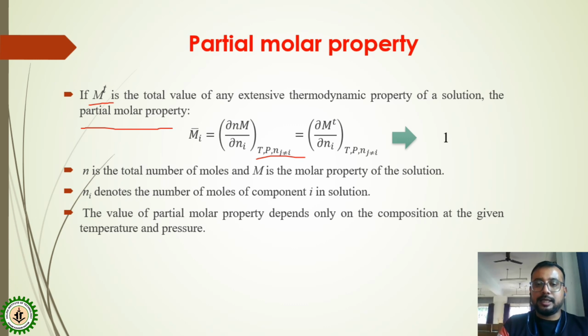Ni denotes the number of moles of the ith component in the solution, and the value of the partial molar property depends only on the composition at a given temperature and pressure.